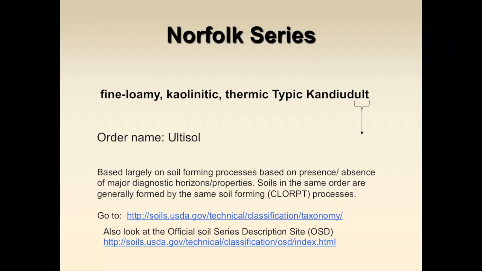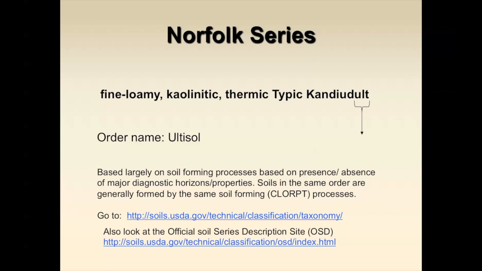If you saw a Norfolk in South Carolina and a Norfolk in North Carolina or Virginia, you'd be able to say these are some of the common qualities that those soils will have. So let's have a look and take the Norfolk series as an example of how to unpack this nomenclature.